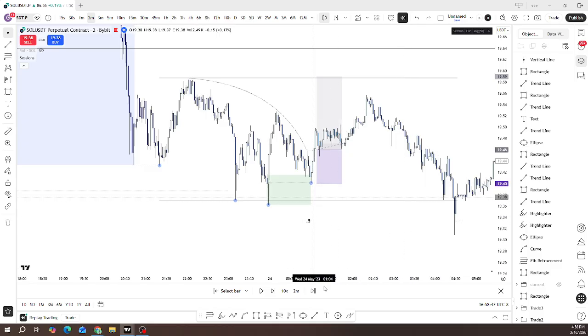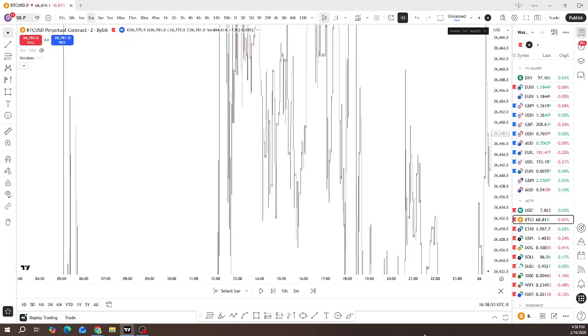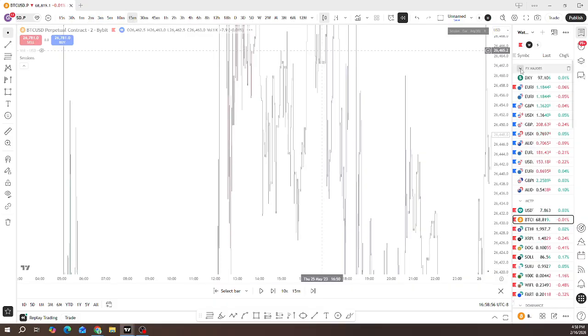So on the 24th of May at 104, looking to see where Bitcoin was located.